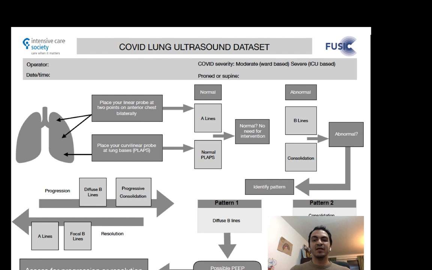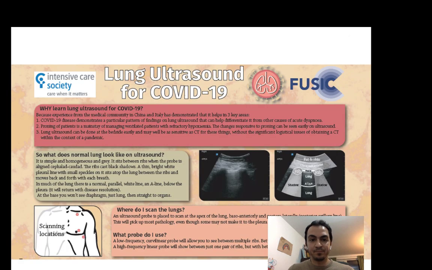And if you see evidence of consolidation or atelectasis, that would make you think of providing proning for your patient to help open up and recruit the atelectatic lung units. And it's also important to assess the progress of lung aeration, as we said before, by assessing the development of the different profiles, A profile, B profile, and C profile.